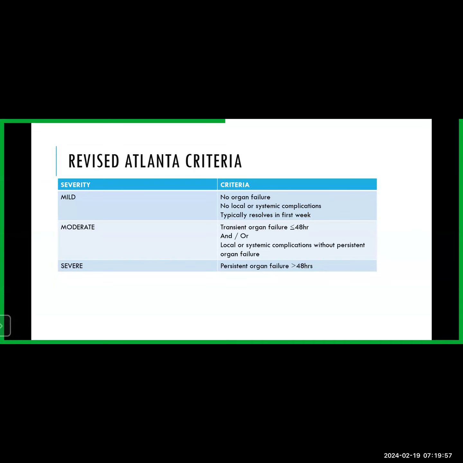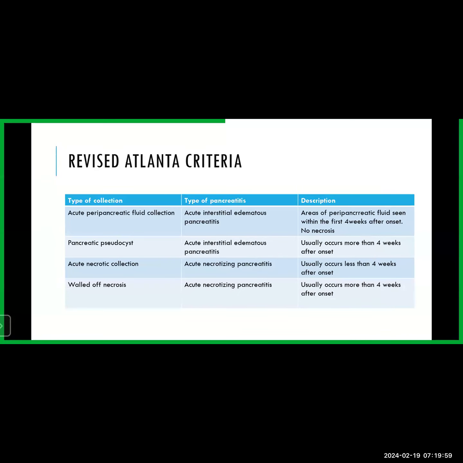What the revised Atlanta criteria also did was to define clearly the kinds of collections, based on the type of pancreatitis, and also gave some CT scan contrast findings.